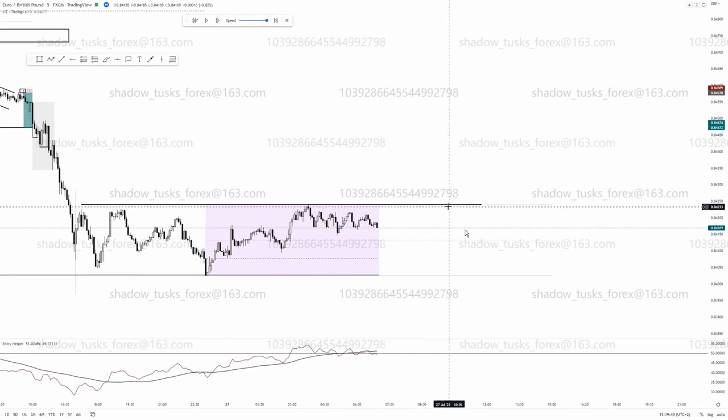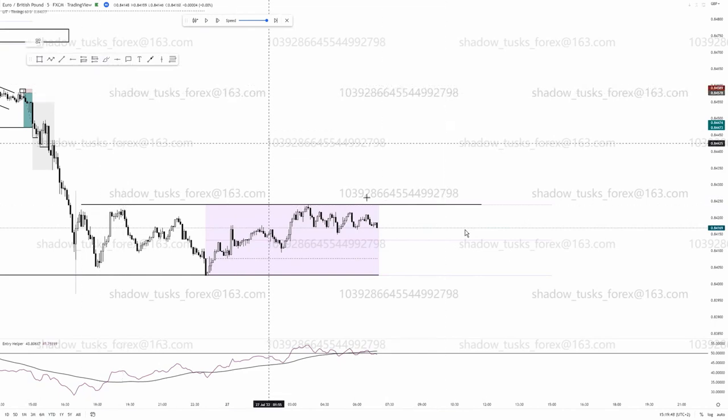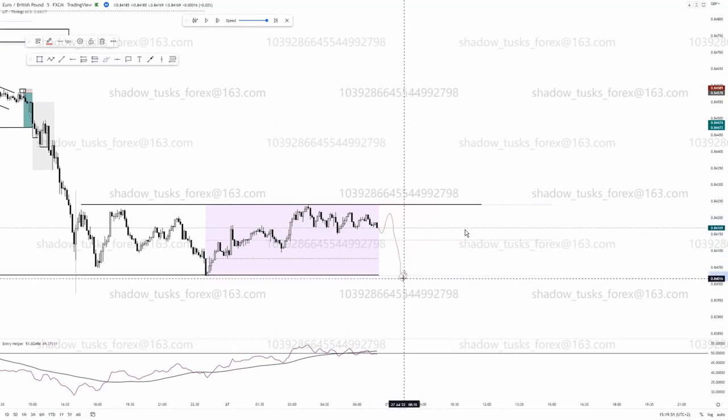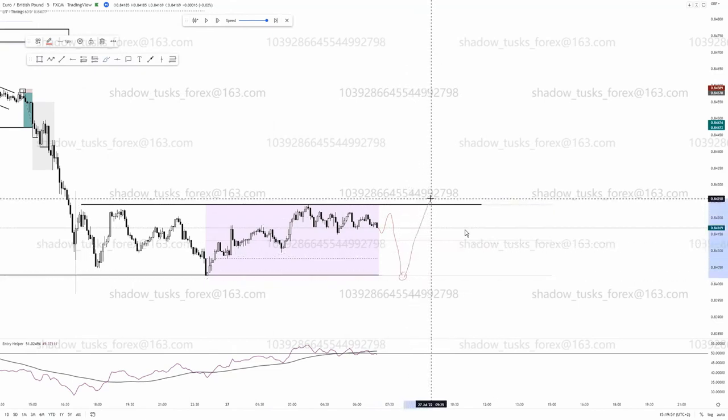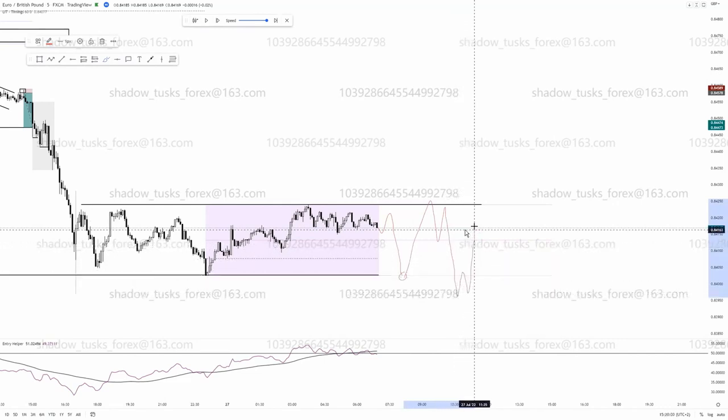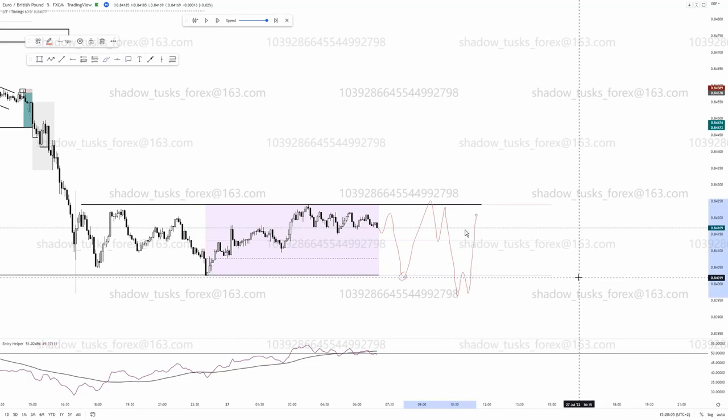So ideally, what are our ideal scenarios? Well, we could give a false reaction, maybe leave liquidity here, come up, induce, mitigate, induce, take the pullback, something like that, right?